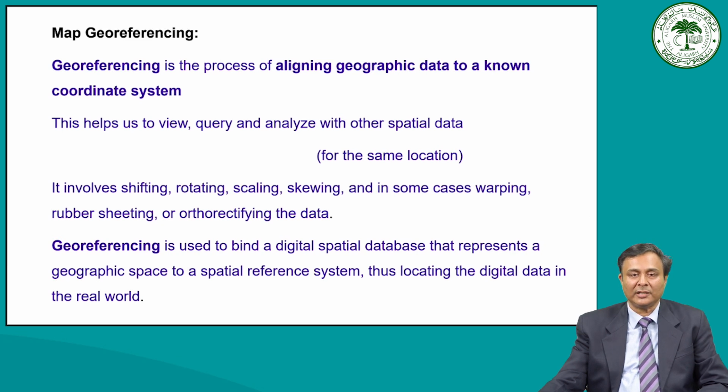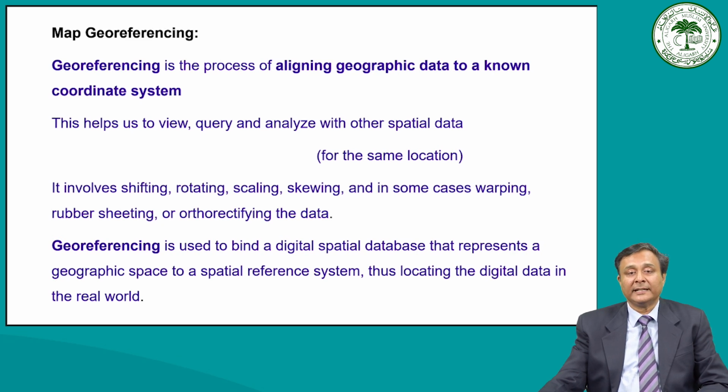same spatial location. It involves shifting, rotating, scaling, skewing, and in some cases, warping, rubber sheeting, or ortho rectifying the data. Now, all of them can very easily be done in digital mode.